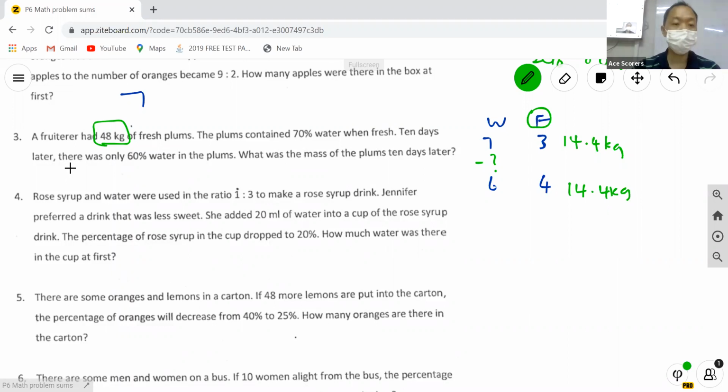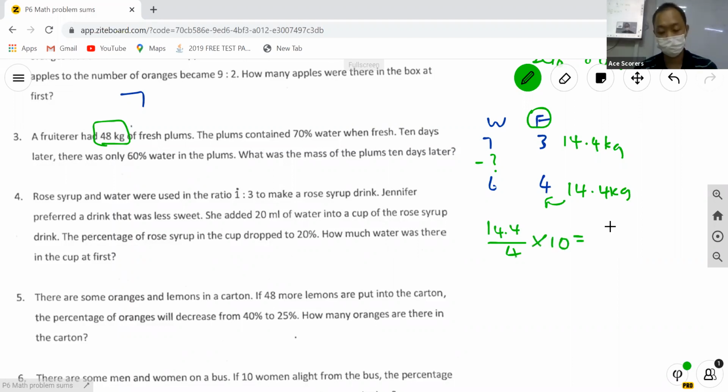Ten days later, there was 60% water left. What was the mass 10 days later? So you see, this is 14.4, and 14.4 now represents 4 units. The mass includes this whole thing, which is 10 units. So to find the mass, we take 14.4 divided by 4 times 10.